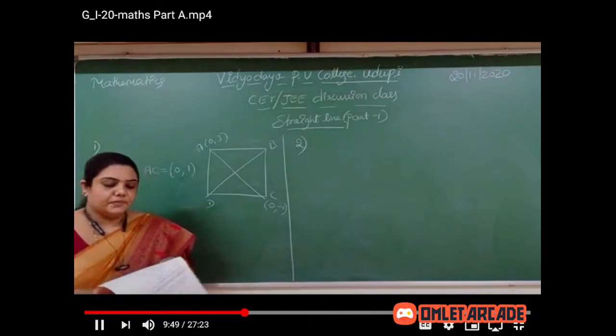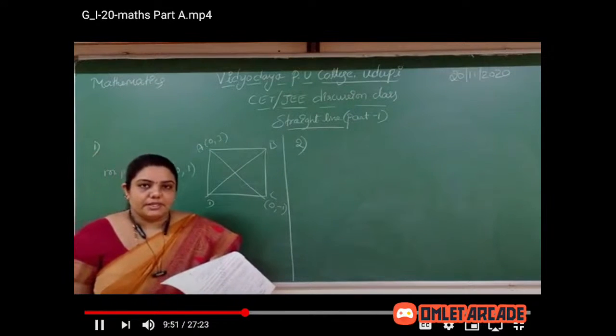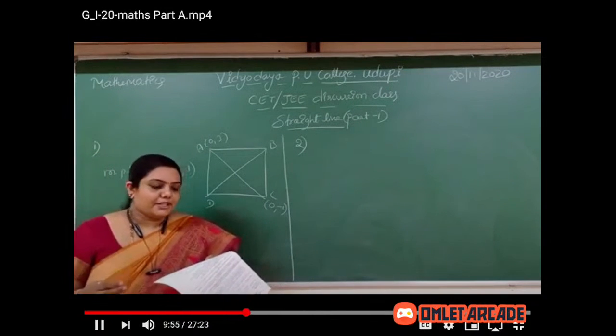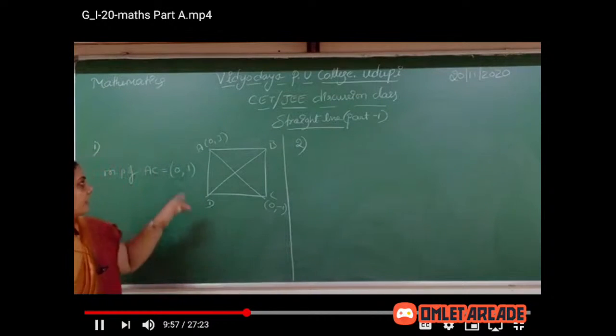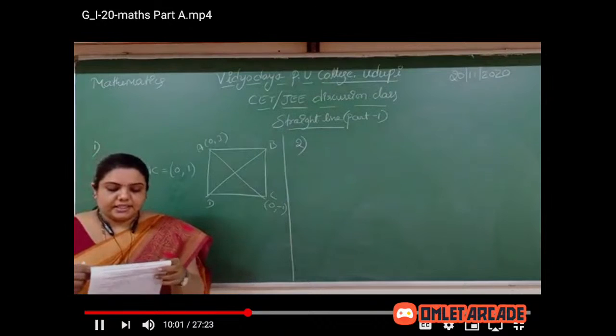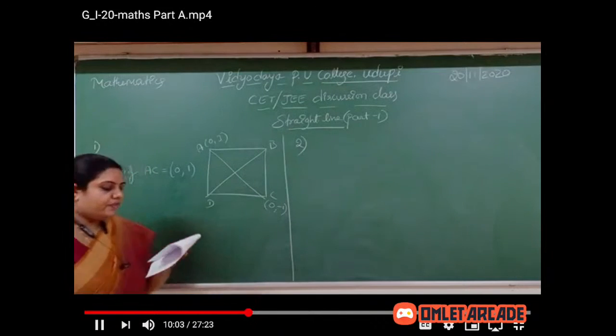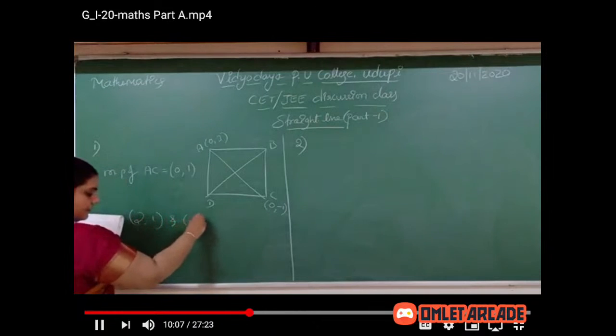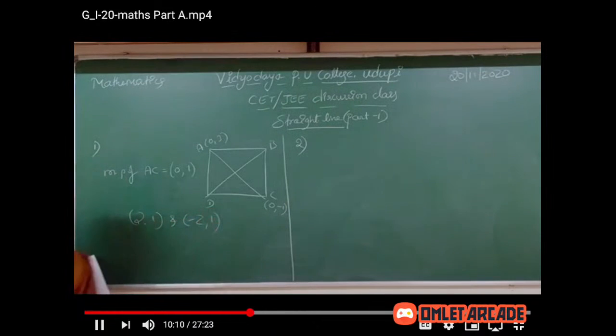See the first one, 3, minus 1, 0, 0. When you try to find the midpoint there, what will you get? 3 by 2 and minus half, which is not the same as the midpoint of AC, isn't it? Similarly, if you check like that, see the fourth option, students. Fourth option is what? 2, 1 and minus 2, 1. And when you take the midpoint of these two, it is what?